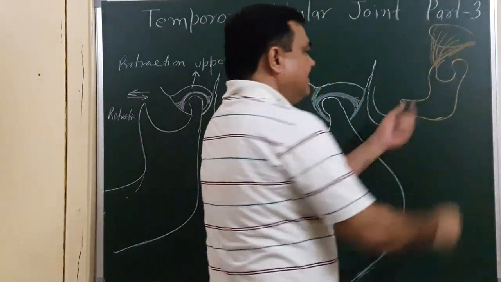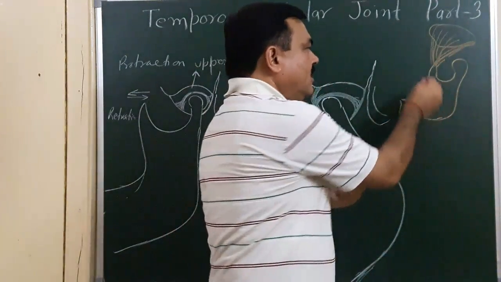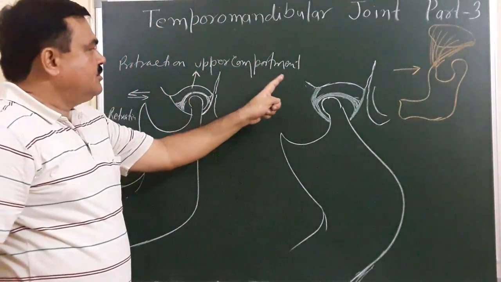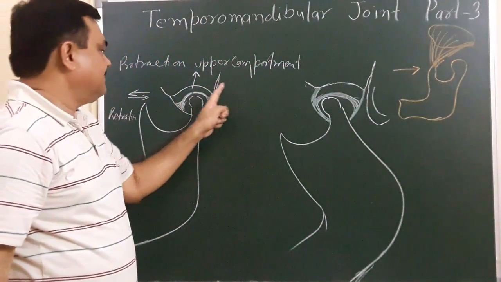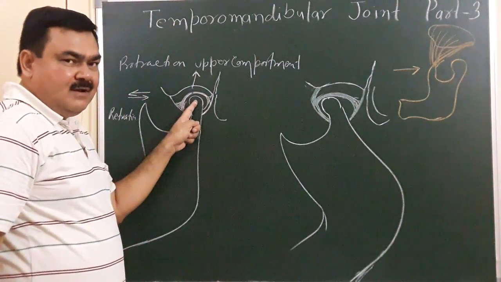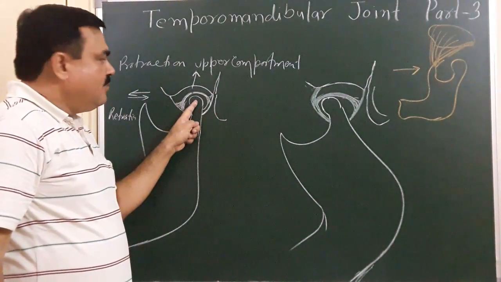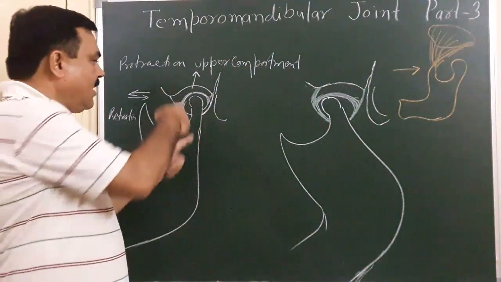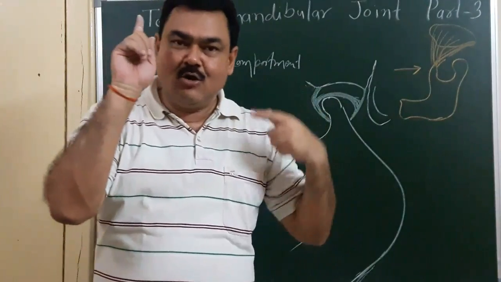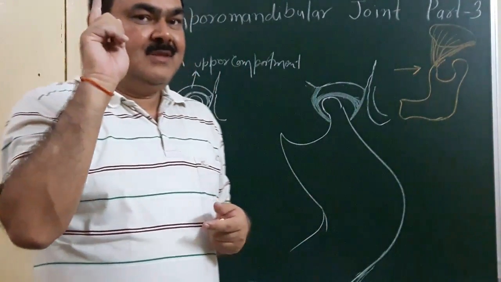These are posterior fibers which retract the protruded mandible like this. So protrusion, protraction and retraction take place in the upper compartment, and in the lower compartment movement takes place around the transverse axis and also around the vertical axis.